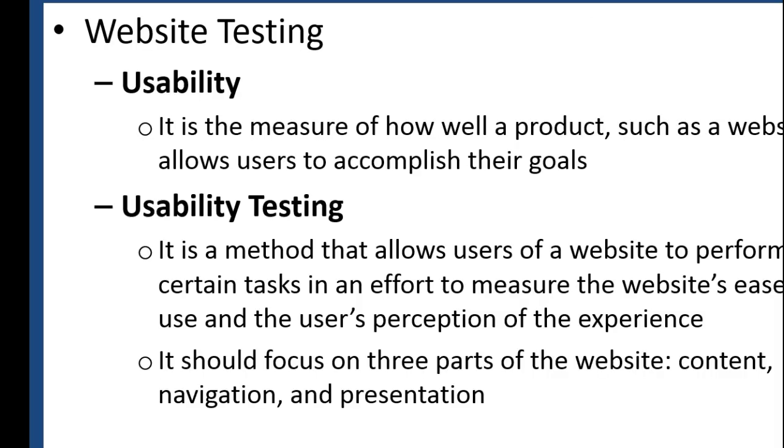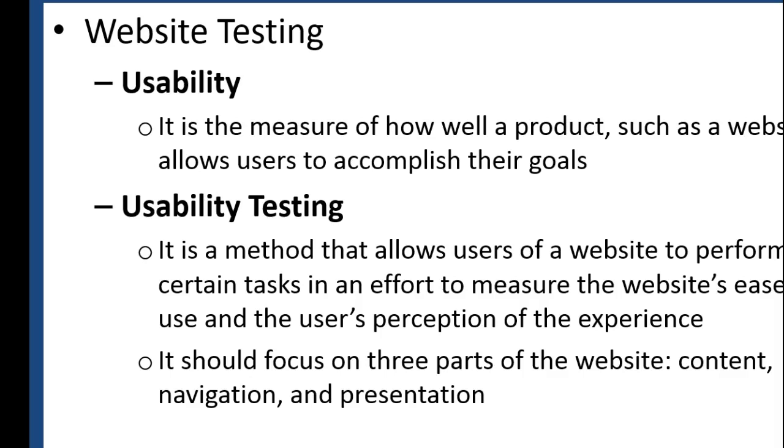Usability is the measure of how well a product, such as a website, allows a user to accomplish a goal. Usability testing is a method by which the users of the website or other stakeholders are asked to perform certain tasks in an effort to measure the product's ease of use and get the user's perception of the experience.